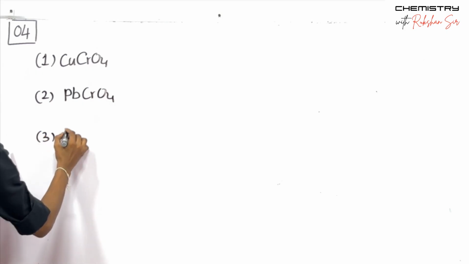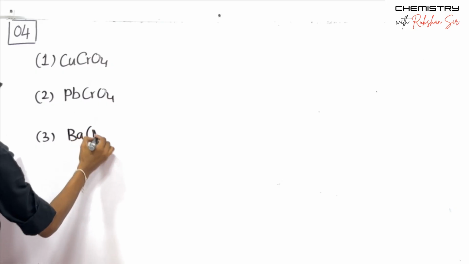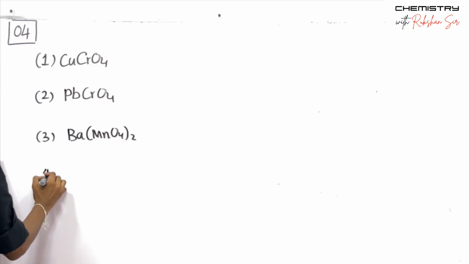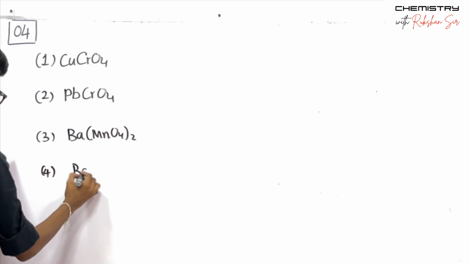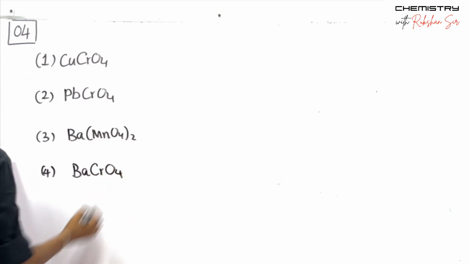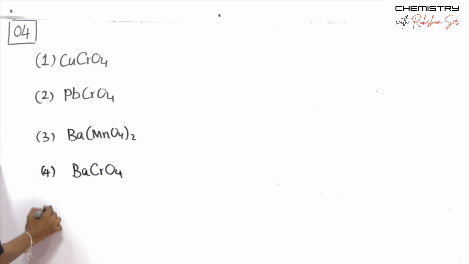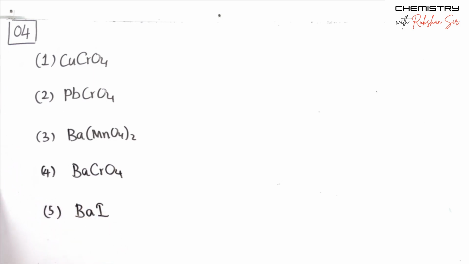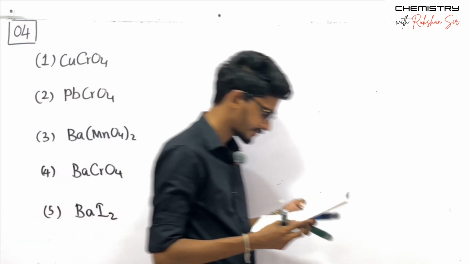Then 3, barium manganate. Then barium chromate. Then barium iodide. These are the choices. See what they are saying.